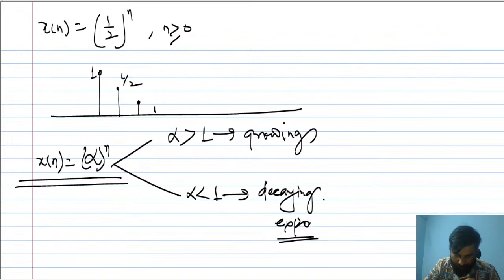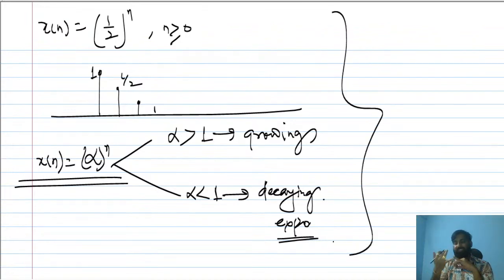Okay, let's move ahead. First of all, the classification: discrete time signal. How to obtain a discrete time signal or a sequence?